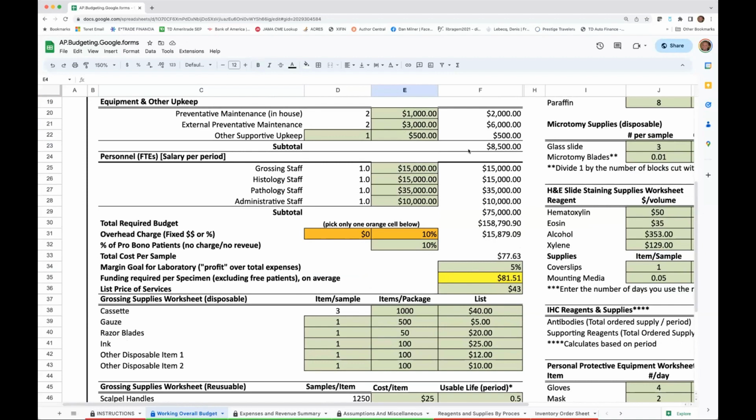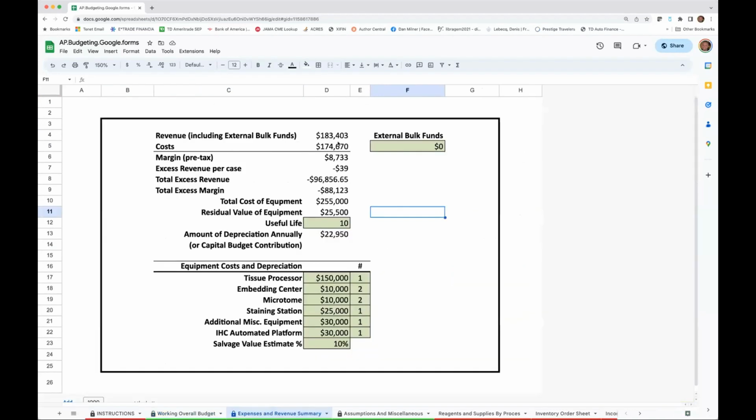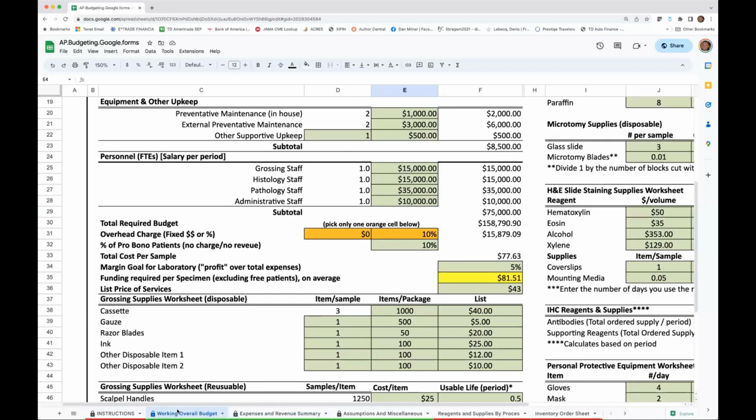So the price has doubled, even though our volume has gone down 75%. The price has doubled. That's a lot more that we need to bring in, okay? And our revenue, if we come over here to expenses and revenue, our total revenue, our costs, you know, they're much lower, but the cost per sample is much higher, right? So this is the economy of scale that we're talking about.